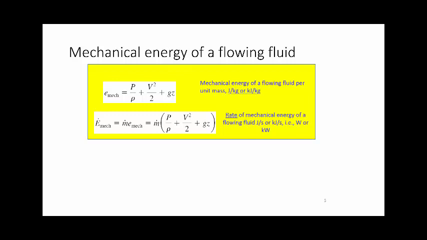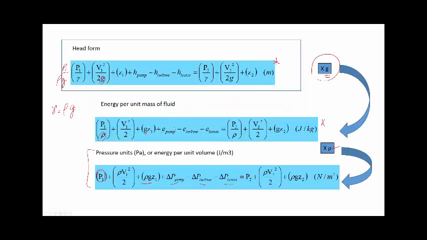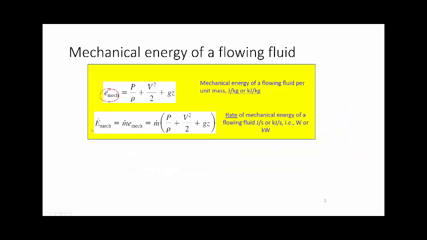So this was the expression for mechanical energy. So we have P over rho in joules per kilogram. This is what we saw in the previous slide here. So this is the mechanical energy in units of joules per kilogram or kilojoules per kilogram.